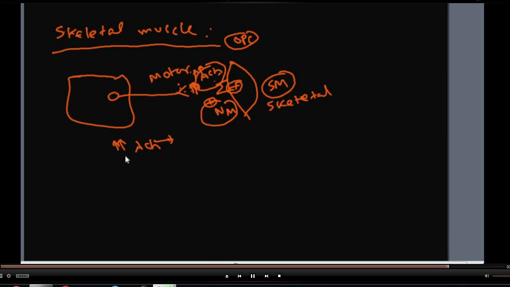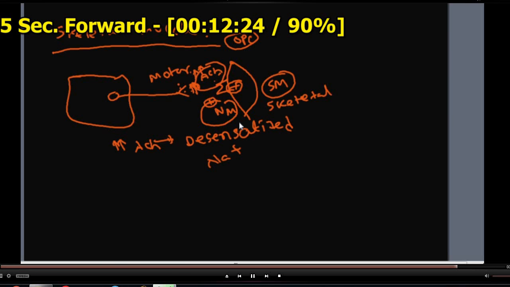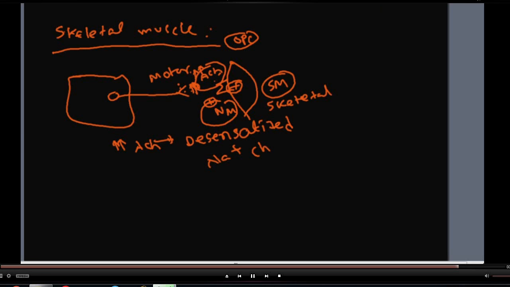But when there is prolonged stimulation of this NM receptor by this increased concentration of acetylcholine, the NM receptor becomes desensitized, or in the animation you see the green receptor is desensitized.